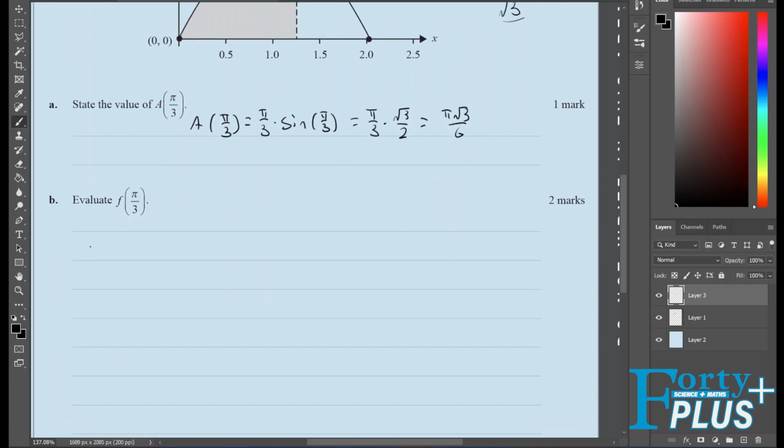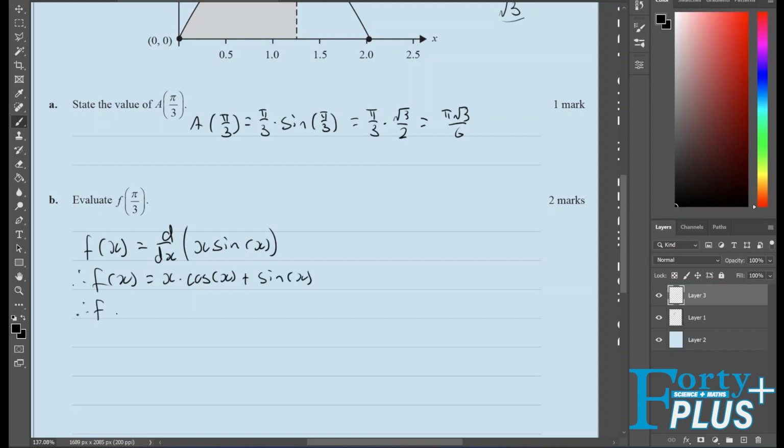So we're going to say f of x equals d dx, or the derivative of x sine x. Therefore, f of x equals, and we're using the product rule here, so it's x times cos x plus sine x times 1.